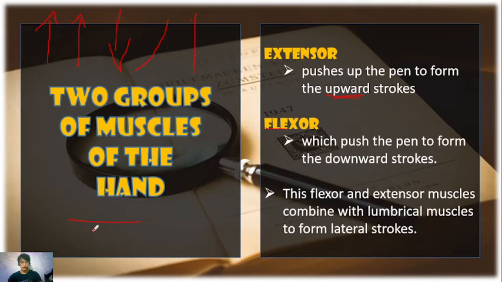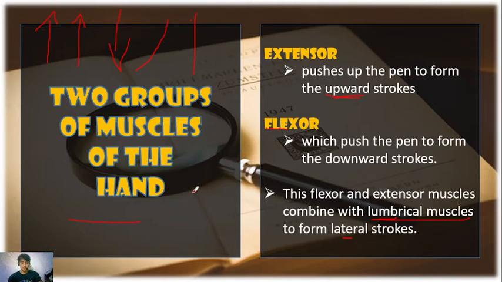These flexor and extensor muscles, combined with the lumbrical muscles to form lateral strokes, are the three muscles involved for us to create a certain writing. So in creating, for example, a big letter E, there are lots of strokes that you need.